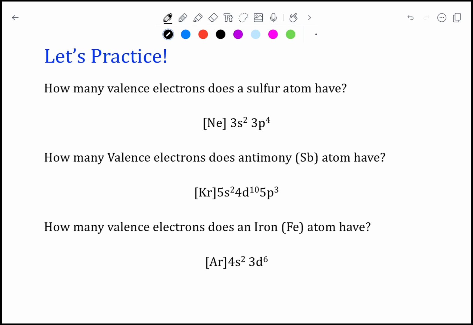So sulfur, that's a p block element. Its valence electrons are in both the s and the p orbitals. So we could just add up the electrons from s and p. That's 6 valence electrons. It's also in group 16, so we do 16 minus 10, 6 valence. It's also in group 6A.